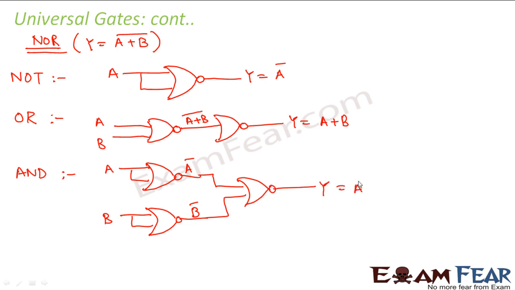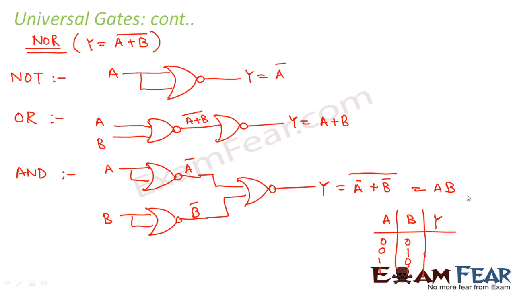You get (A bar plus B bar) bar. So this comes out to be AB. This is also in accordance with the truth table. You can verify it yourself that when you put all these values to this expression, you get the truth table which is similar to that of the AND gate.